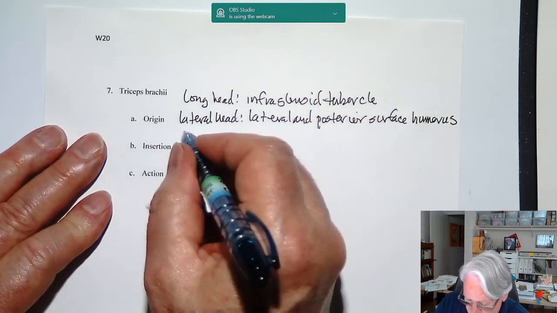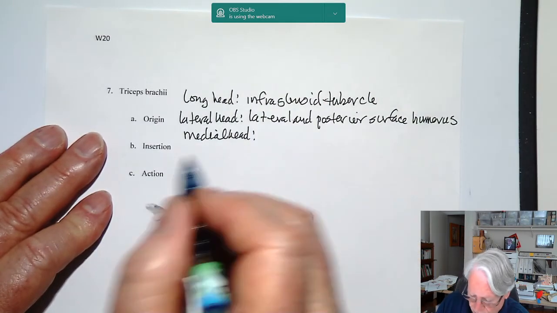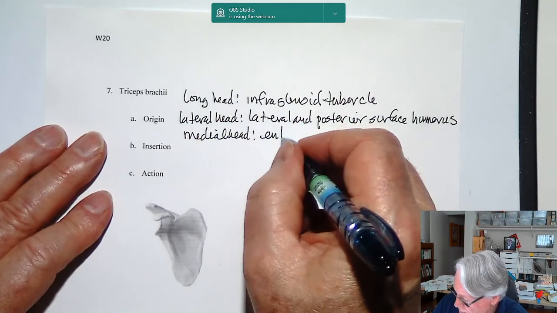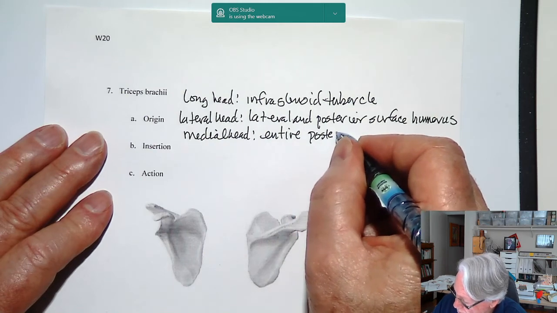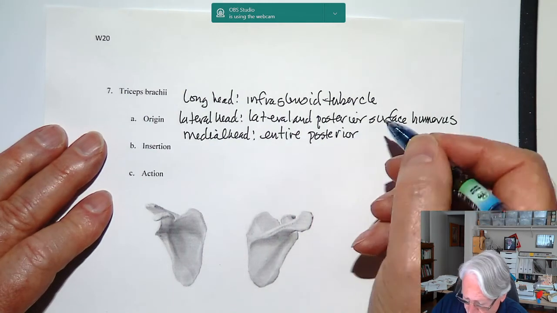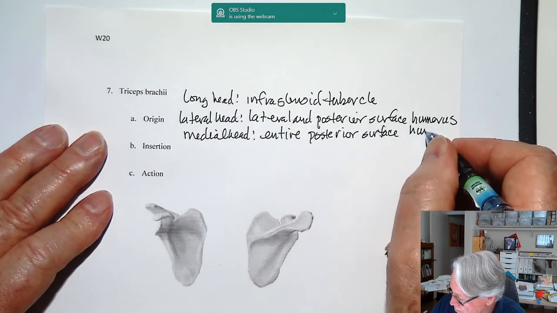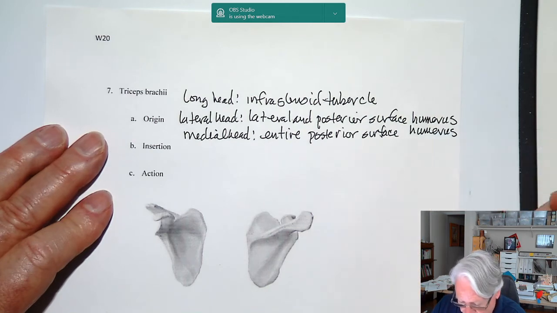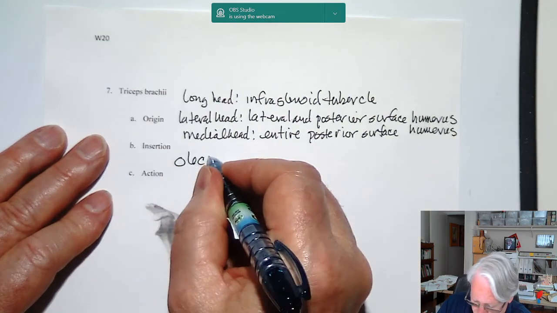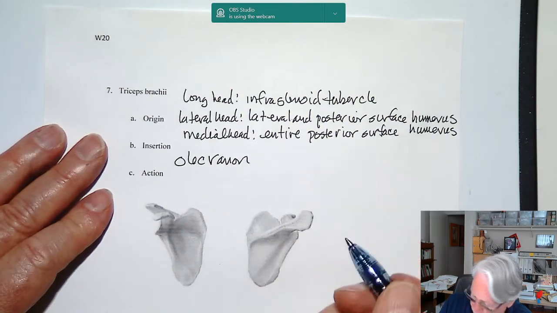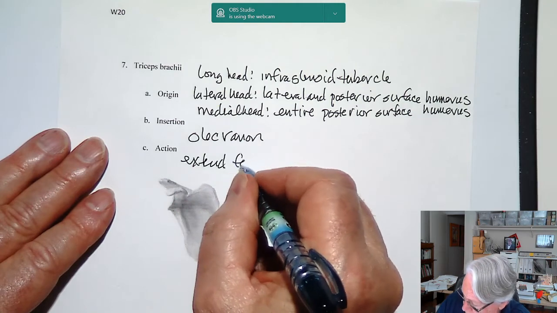And then the medial head is the entire posterior surface of the humerus. And then the insertion is going to be the olecranon. And the action is going to extend the forearm.